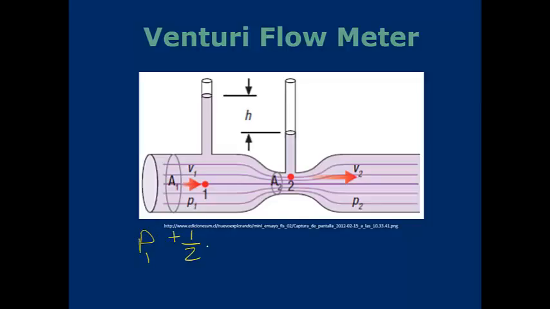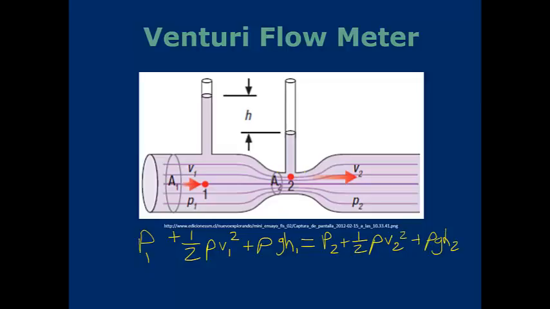P1 plus 1/2 rho V1 squared plus rho gh1. This has to equal P2 plus 1/2 rho V2 squared plus rho gh2.